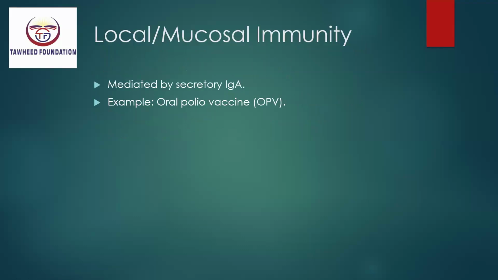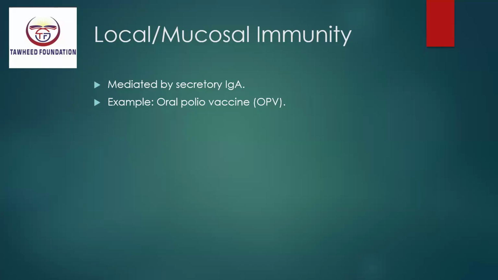Local or mucosal immunity. Local or mucosal immunity is the immune response that is active at the mucosal surfaces such as intestinal, respiratory or genitourinary mucosa. It is usually mediated by a type of IgA antibody called secretory IgA, which prevents the entry of microbes at the local site itself.